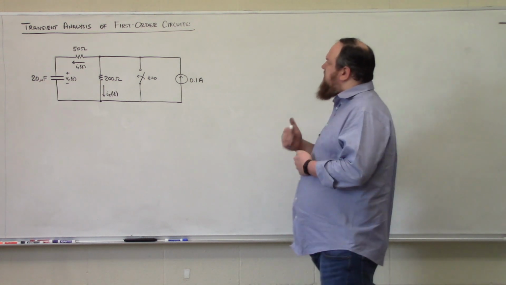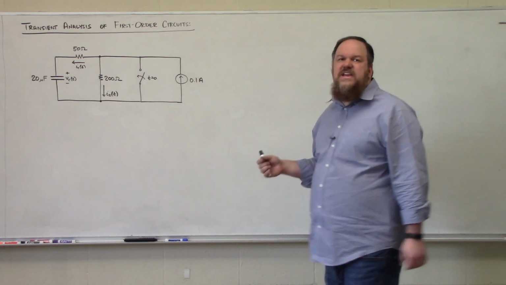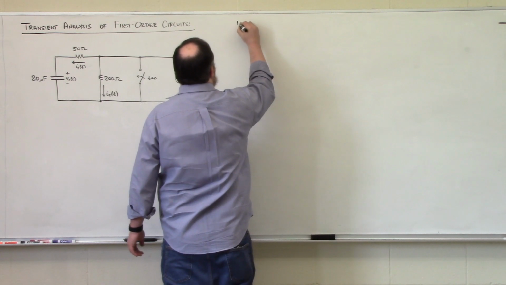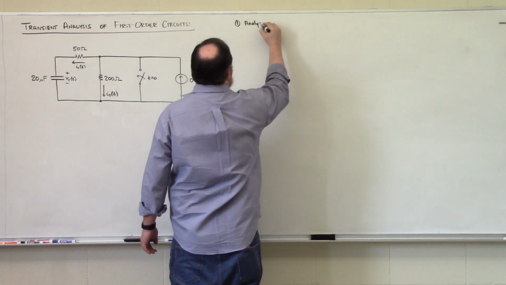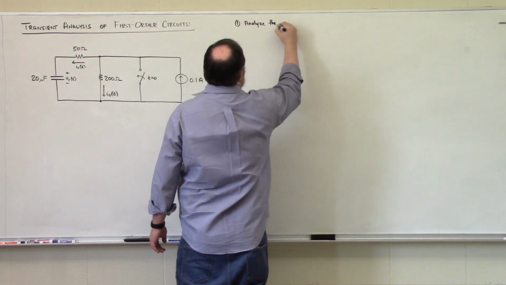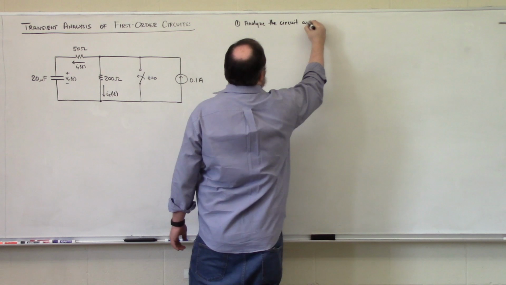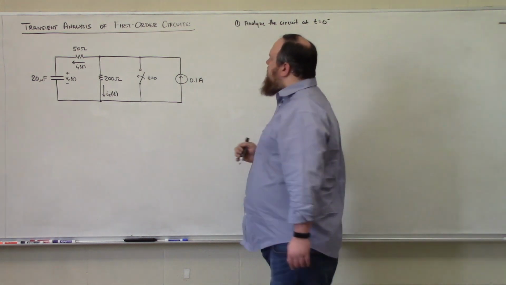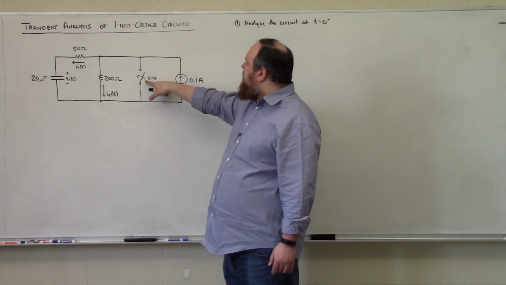So our first step is going to be to analyze our circuit at t is equal to 0 minus. So in this case, at t is equal to 0 minus, our switch is open.